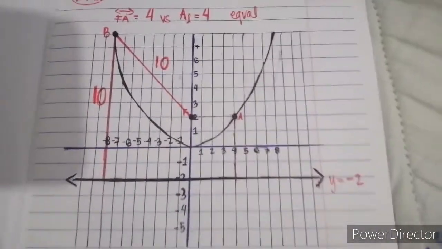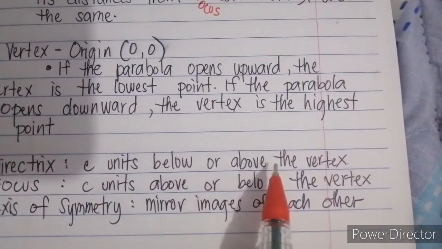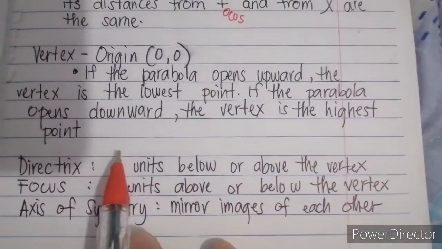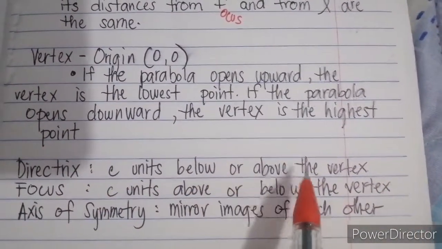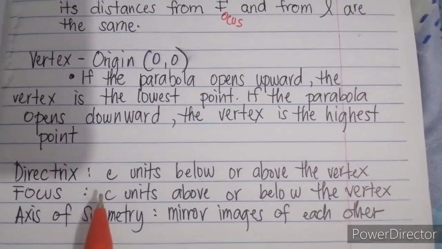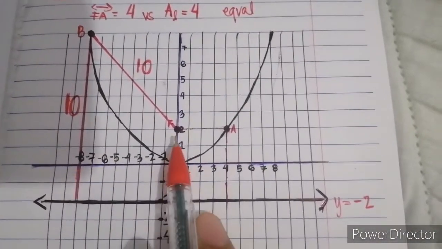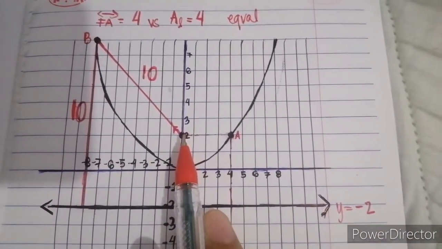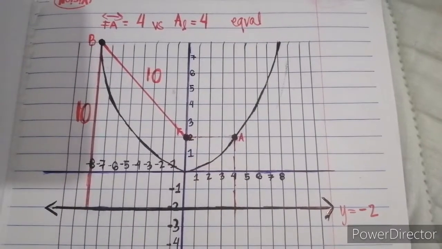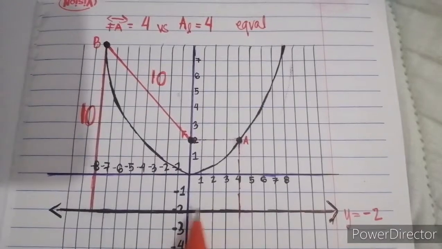Directrix is c units below or above the vertex. The only difference is that the focus is a point located inside the parabola, while the directrix is a line located outside the parabola.